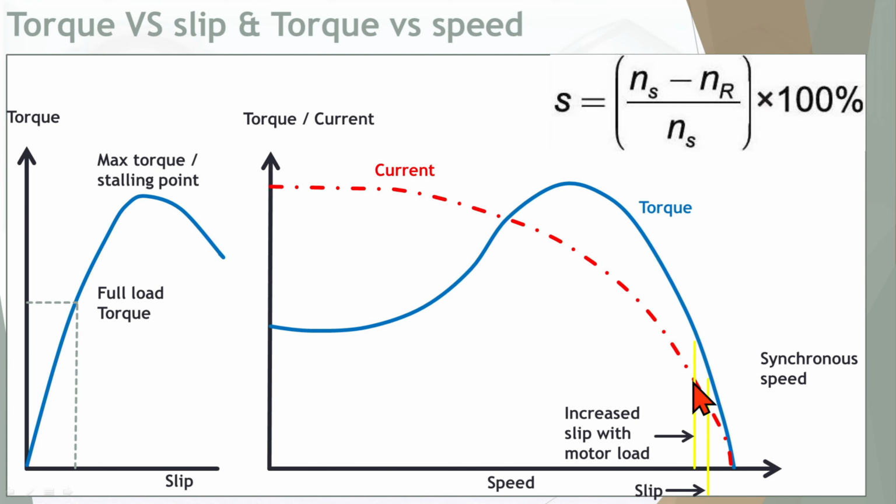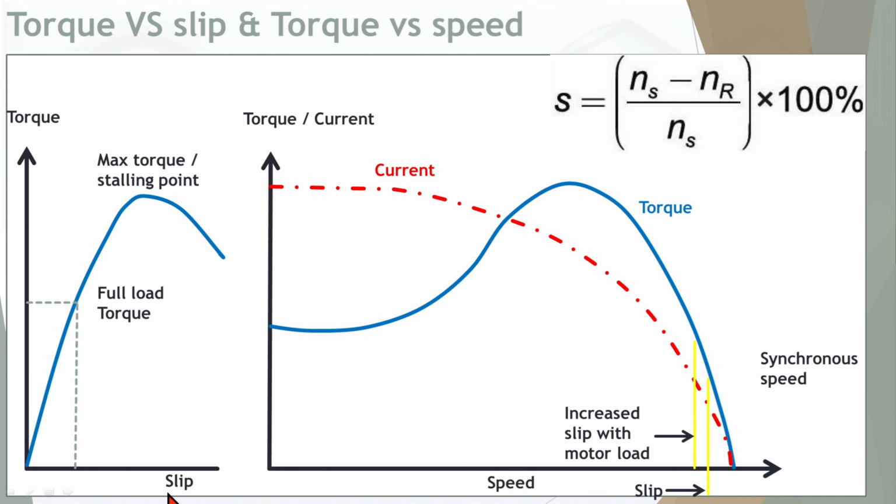In this case, as the slip increases, the flux cutting rate will be higher, so the induction will be higher. Then you will draw higher current, and thus the torque developed by the motor will increase. So the motor will supply the additional torque which is drawn by the load.